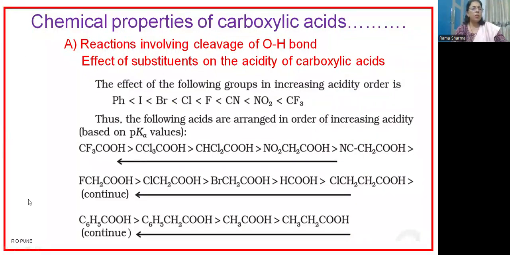Ka means the dissociation constant, which is represented by Ka in the case of acids. The general representation of the equilibrium constant is Kc. As we know, carboxylic acids are weak acids, so an equilibrium is established between the H plus ion and the corresponding acid.